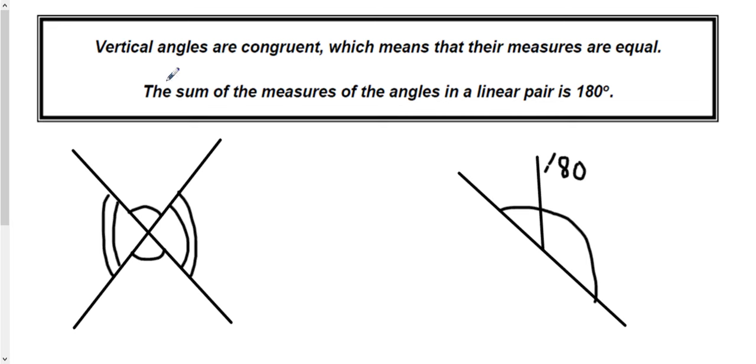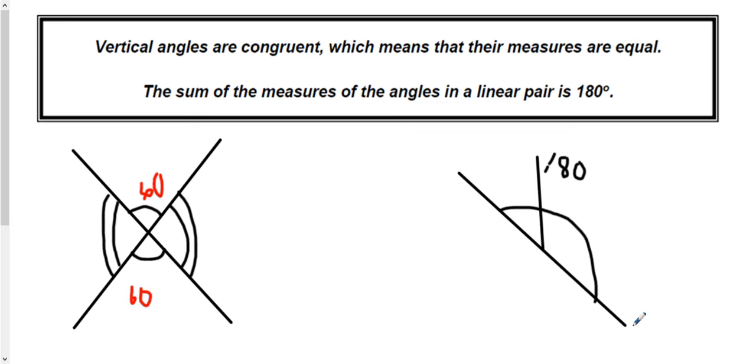So just a little recap. Vertical angles are congruent, which means their measures are equal. So here we have the two intersecting lines. Later we may see three and see how that works. But vertical angles, when the intersecting lines make angles that are not adjacent, not side by side, but across from each other, are congruent. If this was 60 degrees, oops, not writing too good, this one would be 60 degrees.